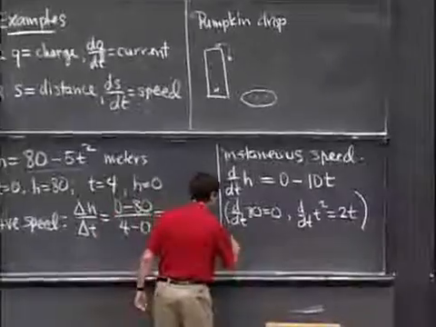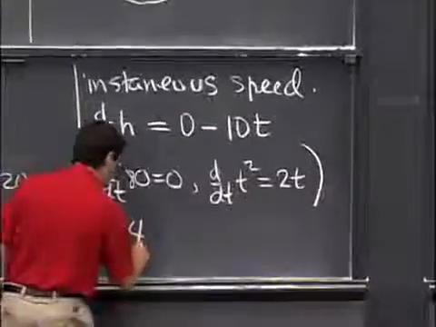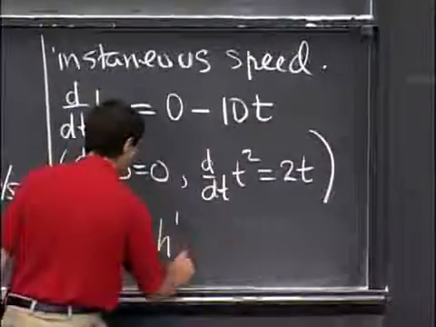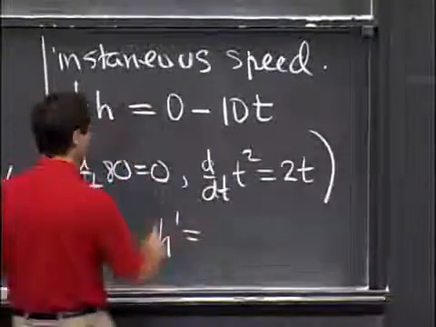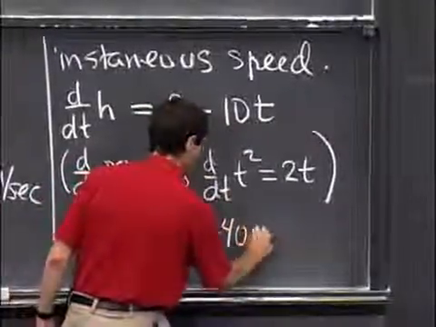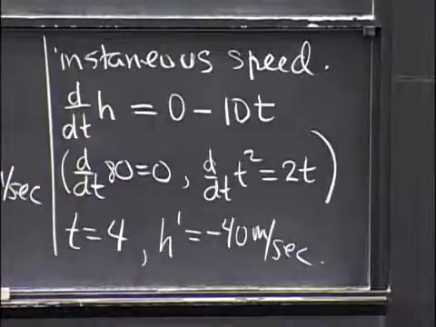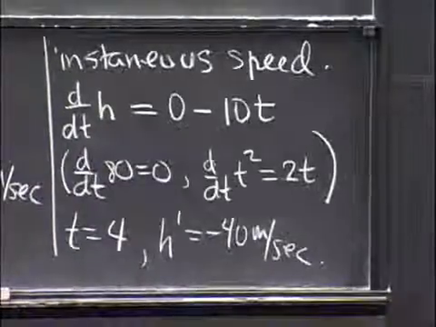And at the bottom, at the point of impact, we have t is equal to 4, and so h prime, which is the derivative, is equal to minus 40 meters per second. So twice as fast as the average speed here.